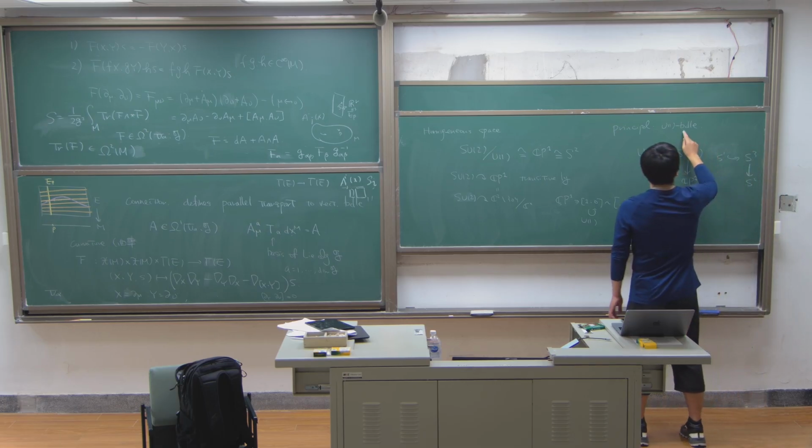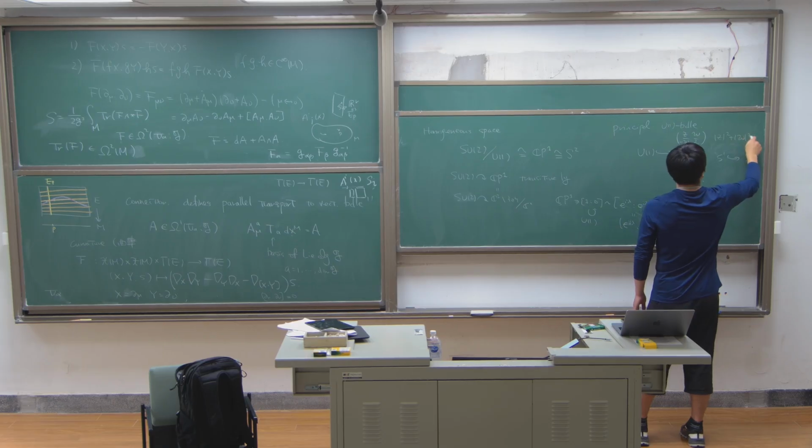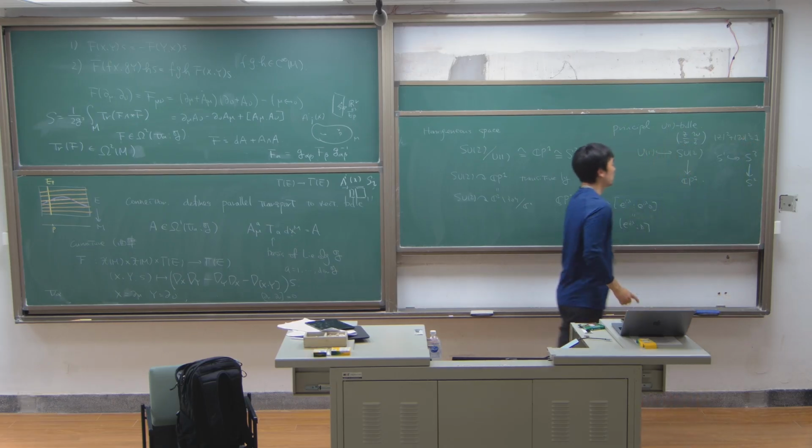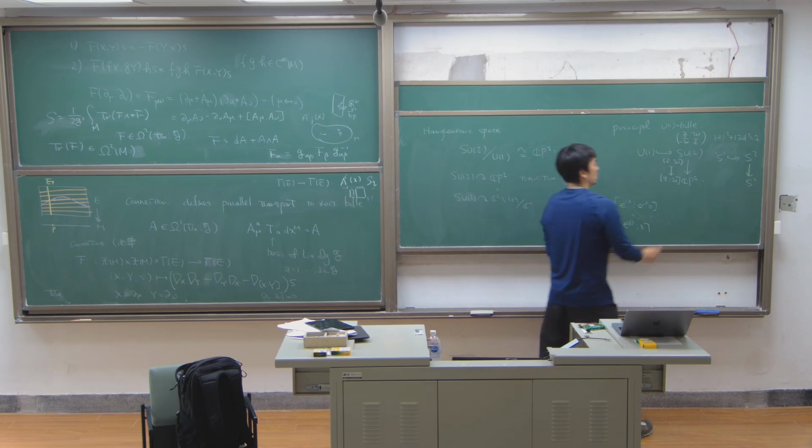SU2 can be understood as the matrix (Z, W; minus W bar, Z bar), satisfying the determinant condition. For example, the point Z and W is mapped to a point in CP1.